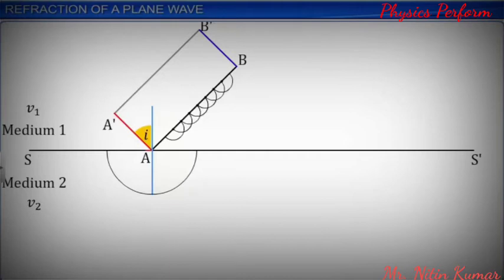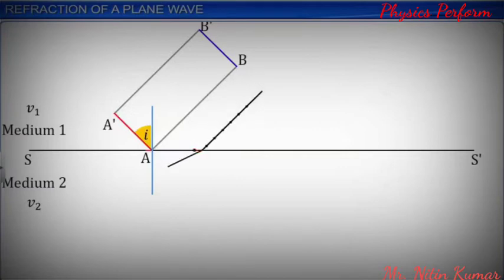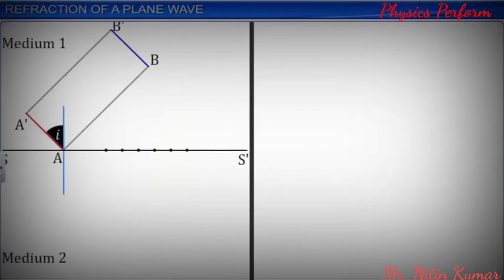As the wavefront travels from medium 1 to medium 2, different points of the wavefront are incident on the interface SS' at different instants of time. If the point B is incident on the interface at C after t seconds, then BC is equal to V1t.